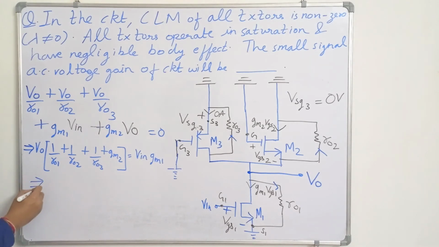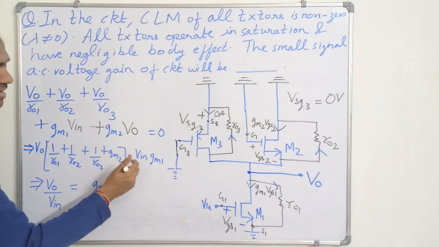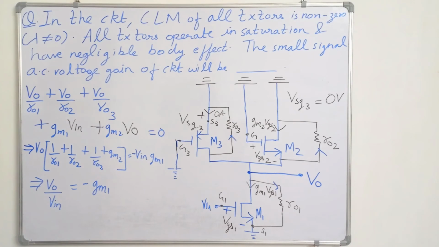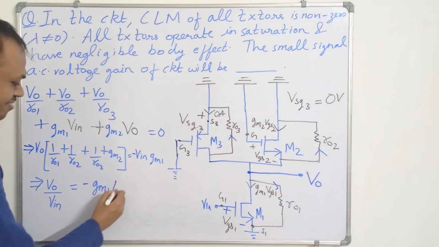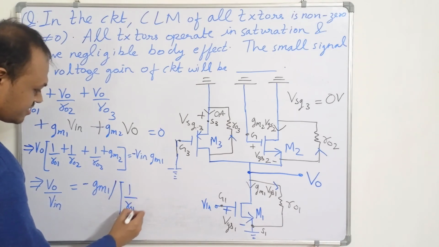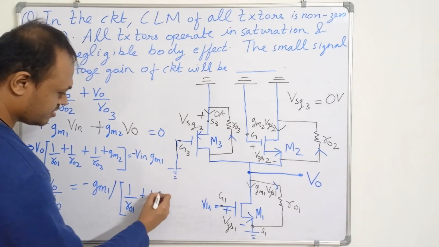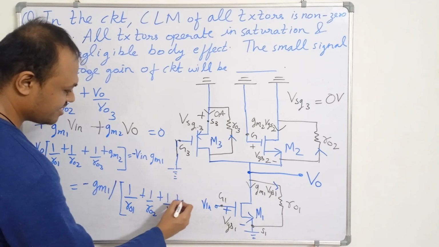So V0 upon Vin will be equal to minus GM1 upon 1 upon RO1 plus 1 upon RO2 plus 1 upon RO3 plus GM2. The minus sign comes because GM1 goes to the other side.